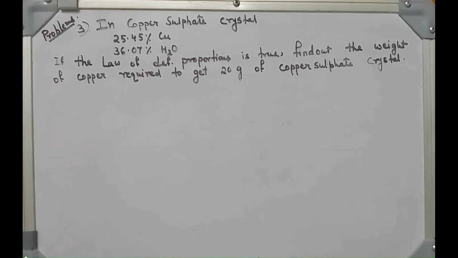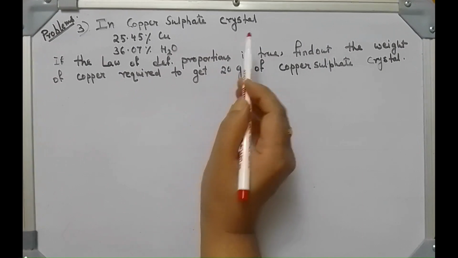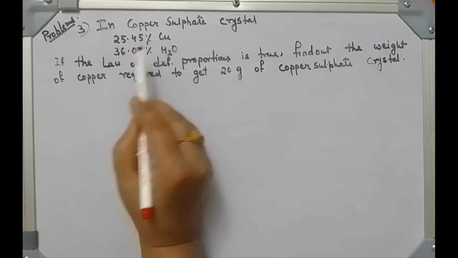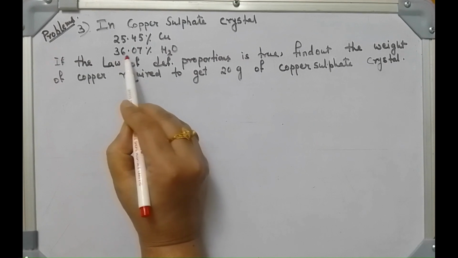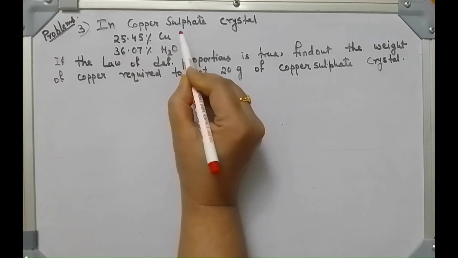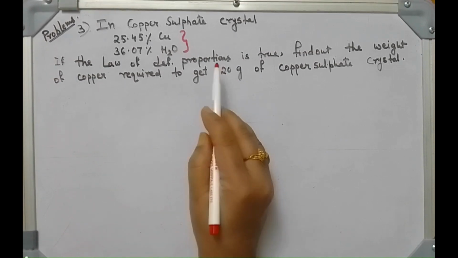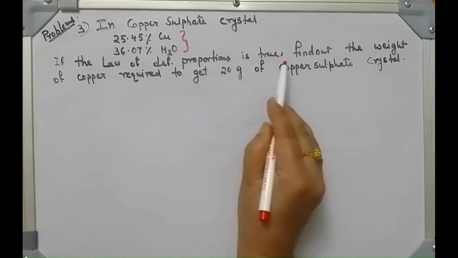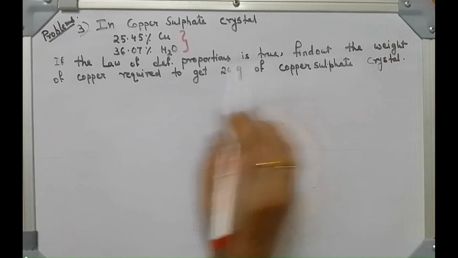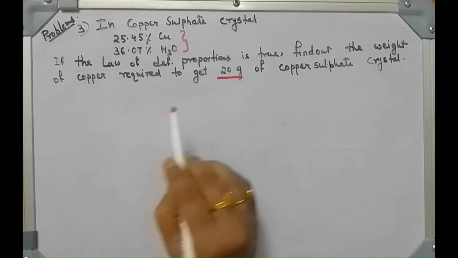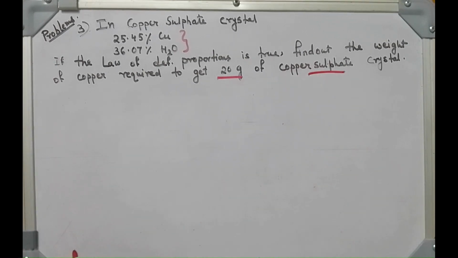It is given that in copper sulfate crystal there is 25.45% copper and 36.07% water. If the law of definite proportions is true, find out the weight of copper required to get 20 grams of copper sulfate crystal.